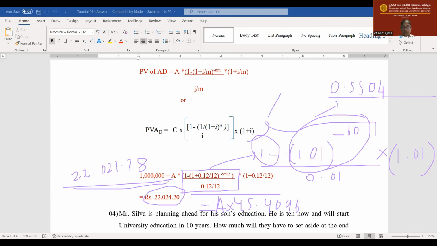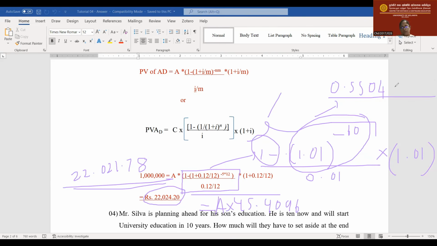I'm again saying if you take only 4 digits or 3 digits, the final answer would be different. But altogether, this would be the relevant answer, right? If you are using all of the digits, of course your answer would be 22,024.20, or as .21, right?